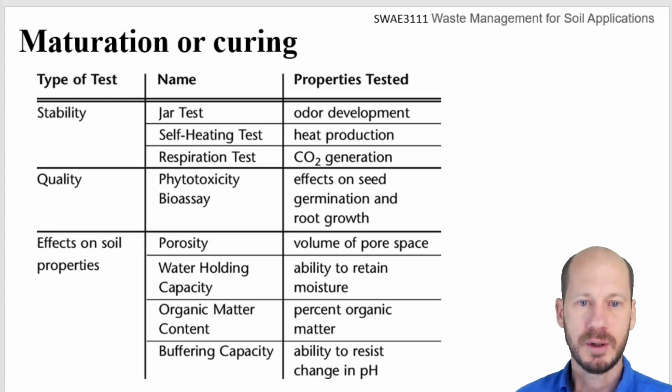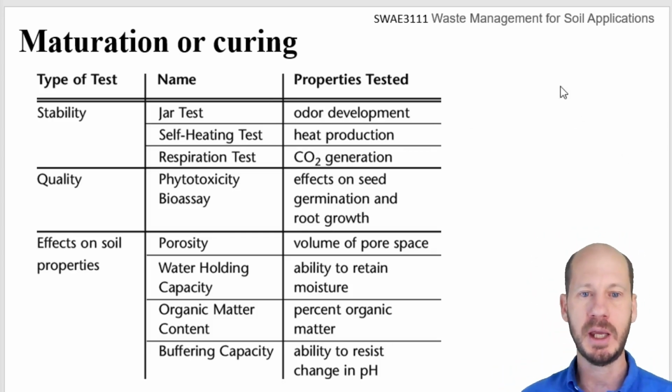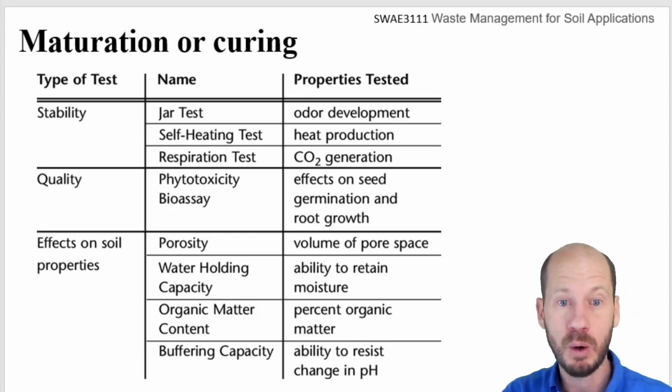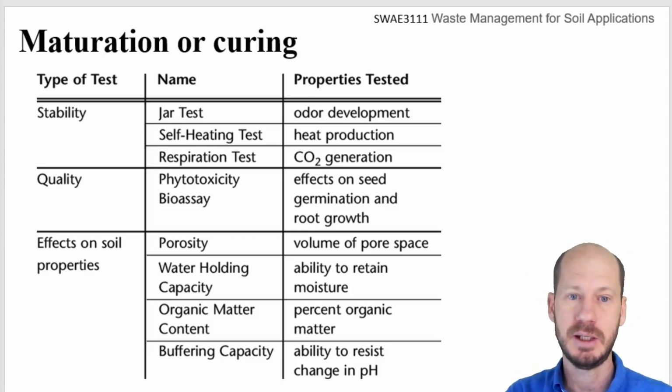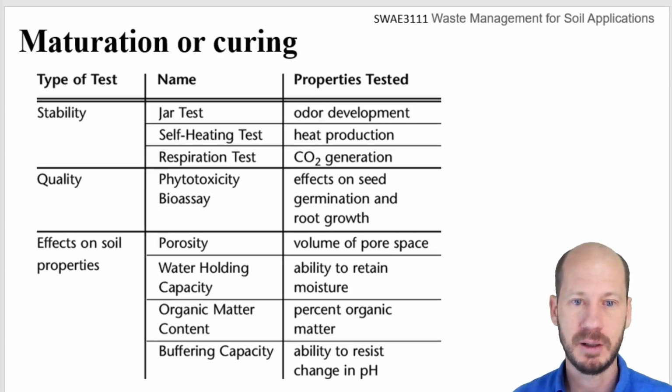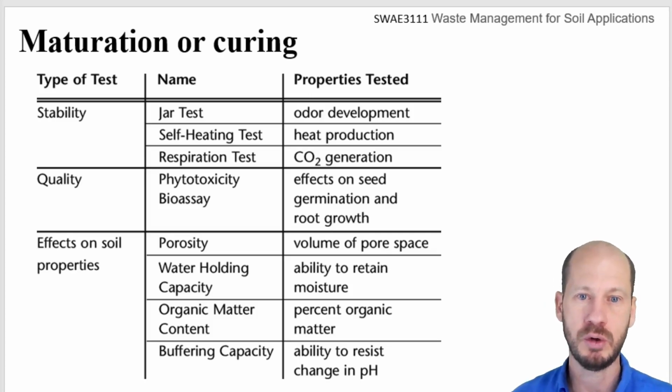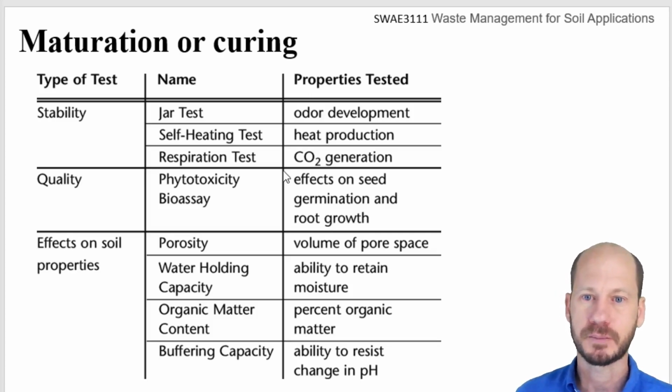How do you test the quality of the end product of the compost? There are several tests that you can make. The jar test, where you add water to your compost, close it and leave it for a few days. If that generates a very bad odor, this is a typical test that will tell you if your compost is stable and mature or not.